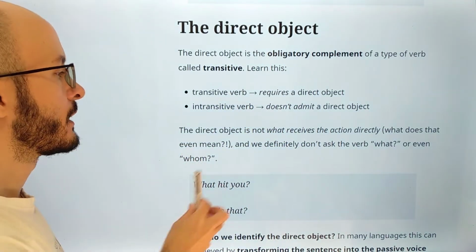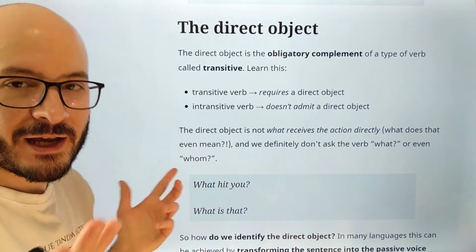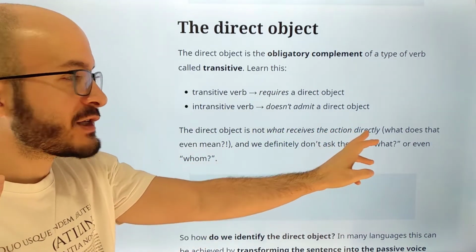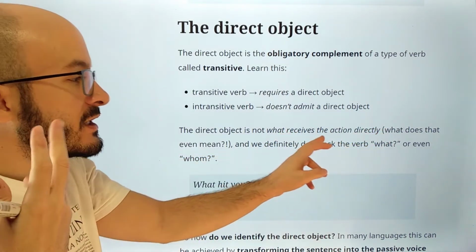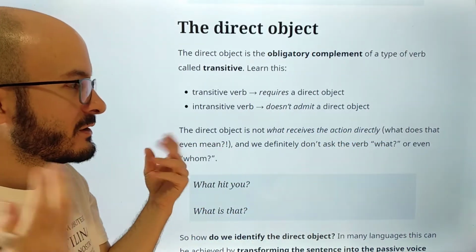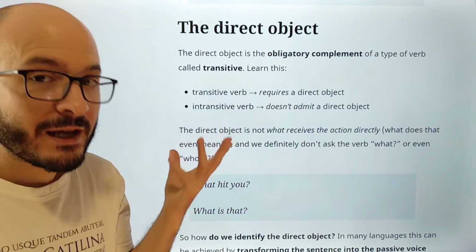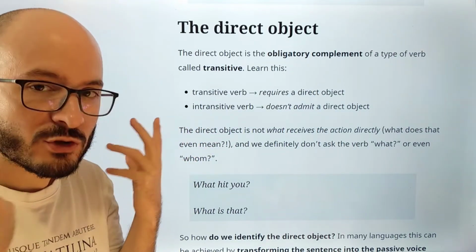Just okay. The direct object is what receives the action directly. Like this is the typical definition that teachers say, no? So what is the direct object? What receives the action directly. What does that even mean? I mean, what does it mean to receive the action directly? It doesn't mean anything, okay? So that's why the definitions don't matter.